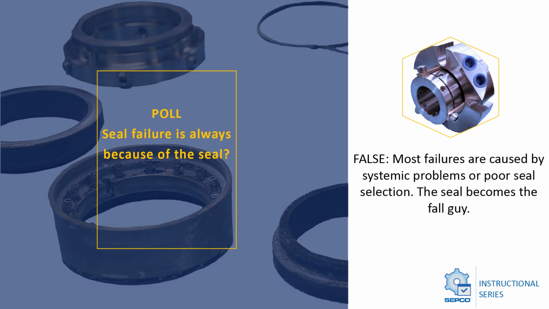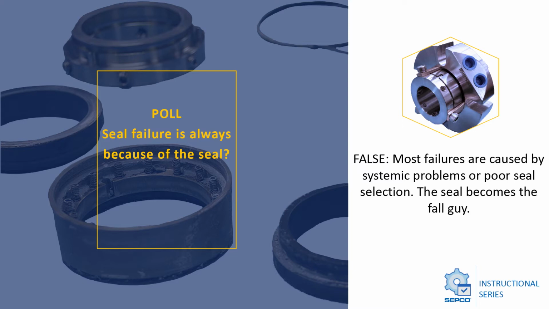Good. So it is false, and the reason is most seal failures are due to some kind of problem in the system, whether it's operations or setup or something like that, that causes that seal to fail. The problem with the seal was the weak link in the system, and it shows that failure before anything else does.